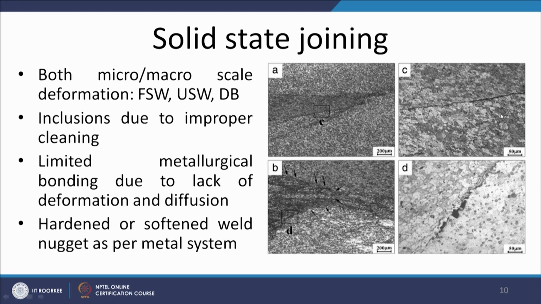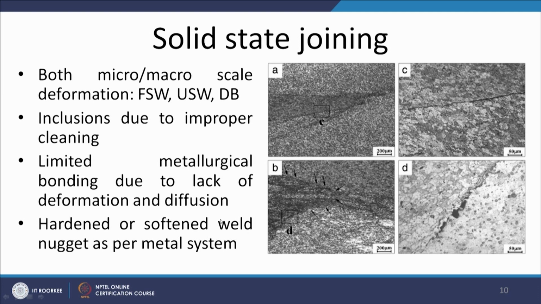Or if the flow of the metal coming from both sides is not getting mixed properly, not forming a good metallurgical bond, then due to the limited metallurgical bonding, there may be an interface, or there may be suppression from that zone which can act as a source of weakness.